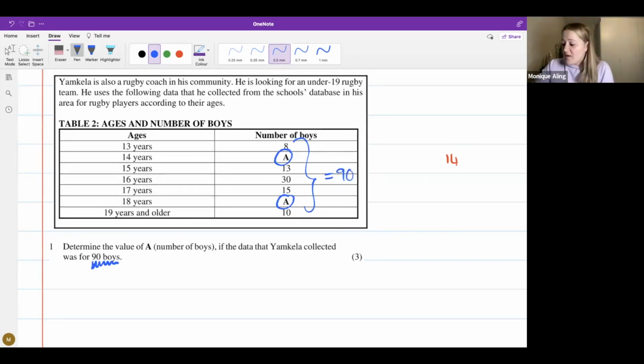If we add 8 plus 13 plus 30 plus 15 plus 10, it's not going to get us to 90.